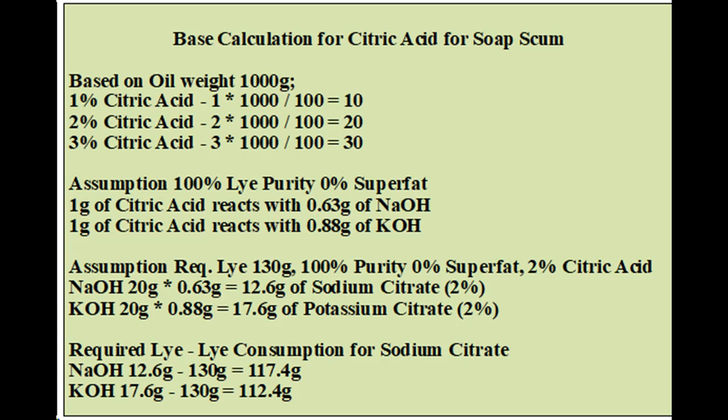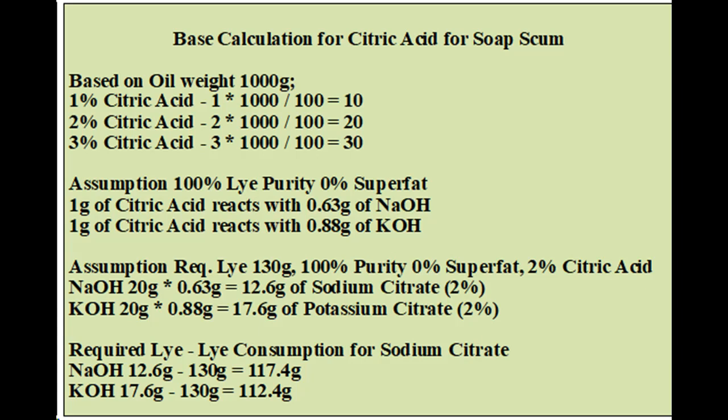So just quickly on the bottom, we're going to be looking at when we subtract from the 130 grams required of sodium hydroxide or potassium hydroxide. To bring it back to equilibrium, so it's a 0% superfat instead of there being a superfat after the citric acid reacts with that certain amount of sodium hydroxide or potassium hydroxide, you add for the sodium hydroxide portion on top of the 130 grams.